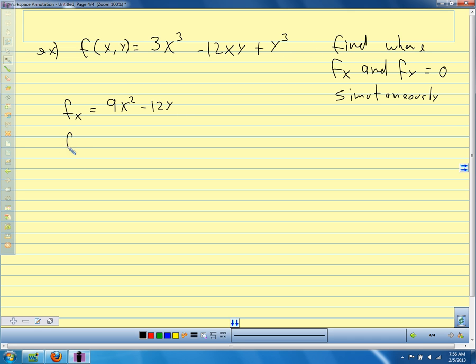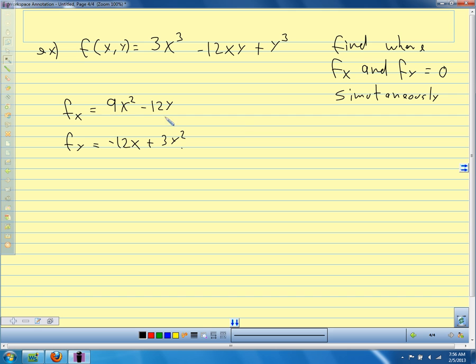So f sub y, the partial with respect to y, is going to be minus 12x plus 3y squared. This whole first term is a constant, so the derivative is 0, and we don't have to worry about that. And we want these equal to 0 simultaneously.